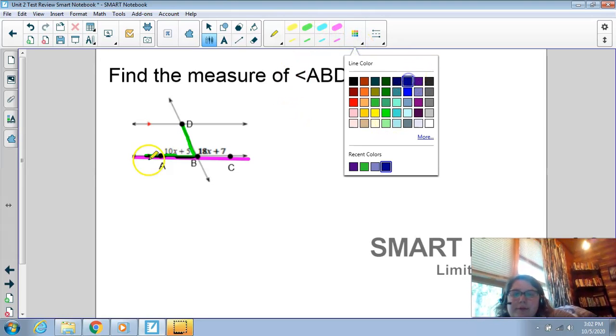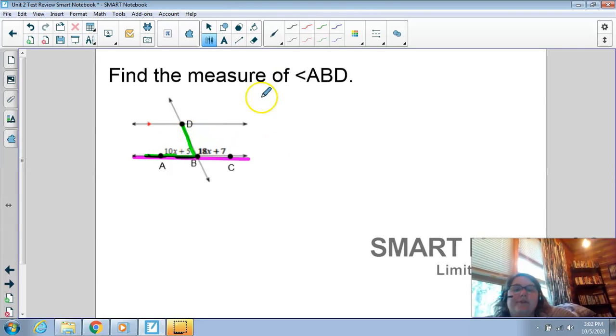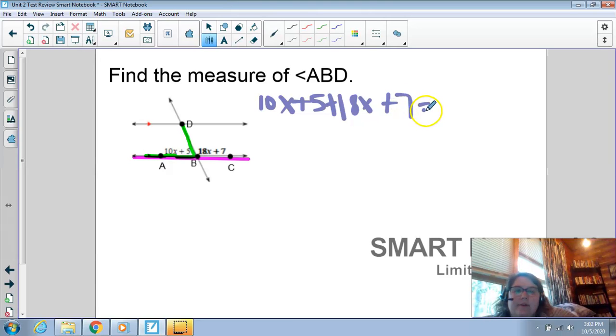If I go to solve this, I know that since they are a linear pair, they have to be equal to 180 degrees. So they fall on the straight line. I'm going to add them together. I have 10x plus 5 plus 18x plus 7 equals 180.